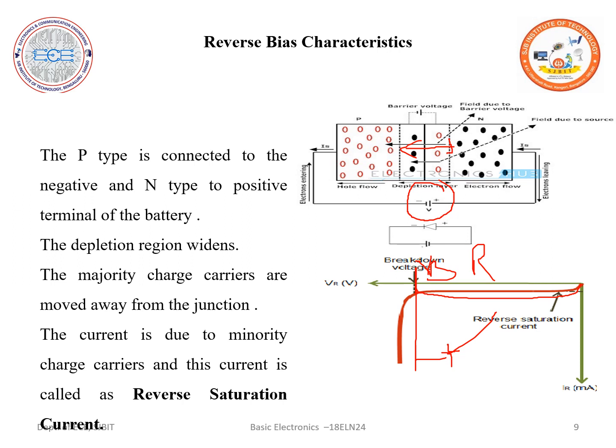Now, which charge carriers contribute to the reverse saturation current? That is due to the minority charge carriers. The minority charge carriers are the ones responsible for the reverse saturation current. So this is about the reverse bias characteristic.